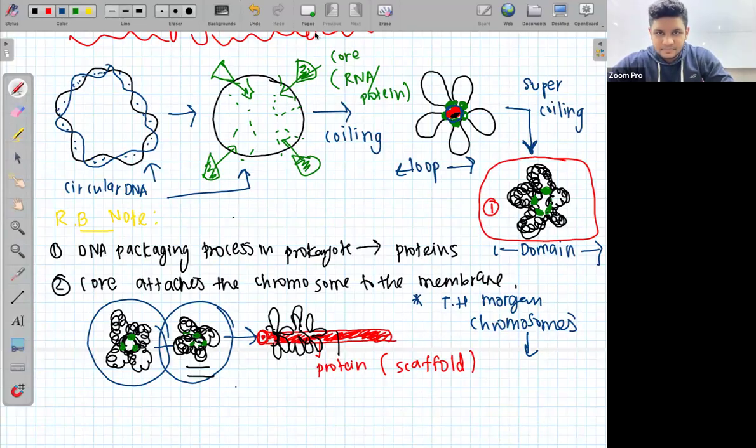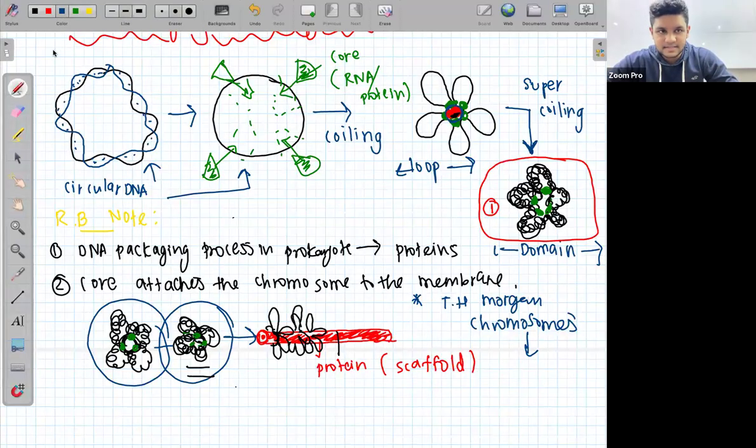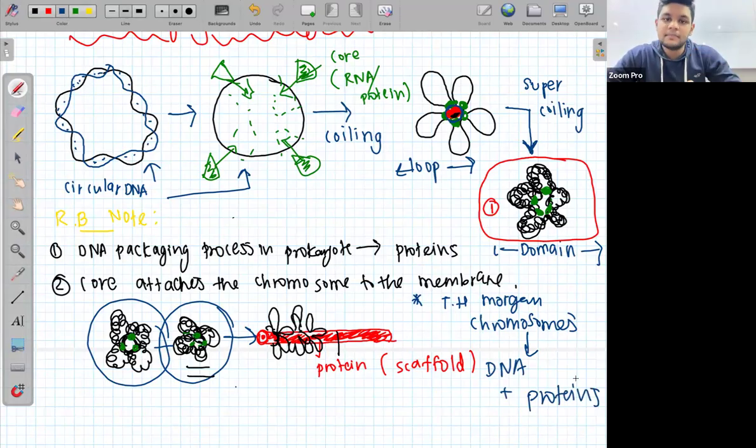Can anyone remember? He said that chromosomes are made up of DNA and proteins. That is what he said. Now, do you agree chromosomes are made up of DNA and proteins?